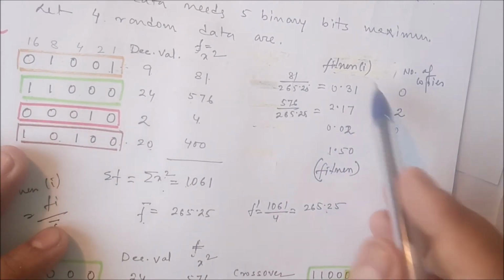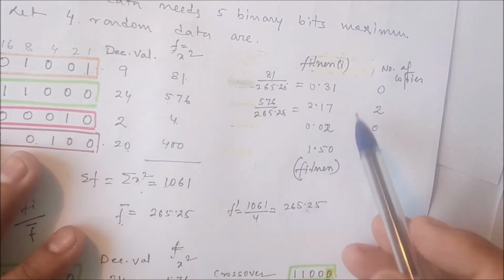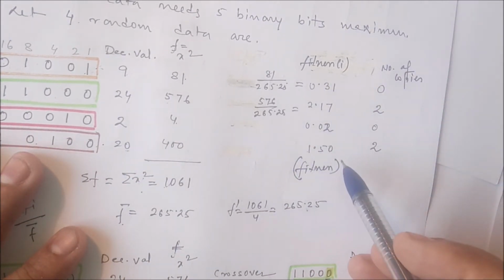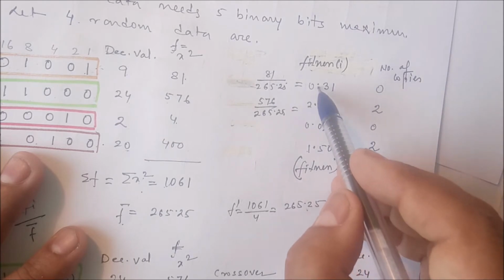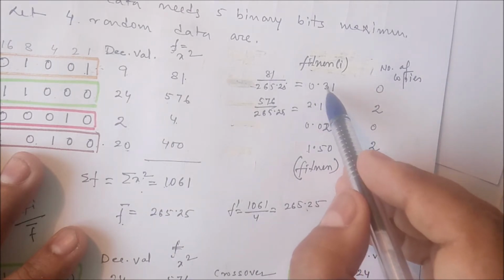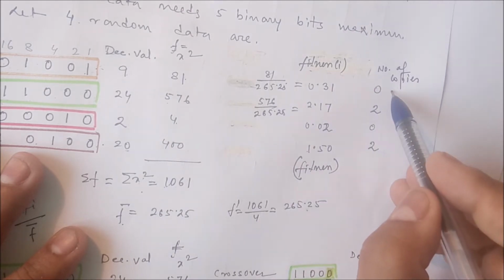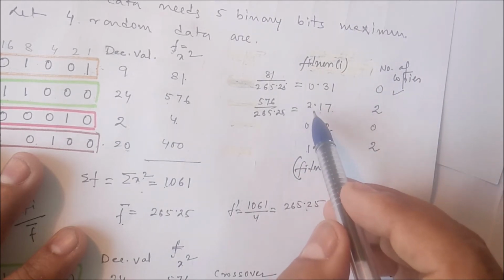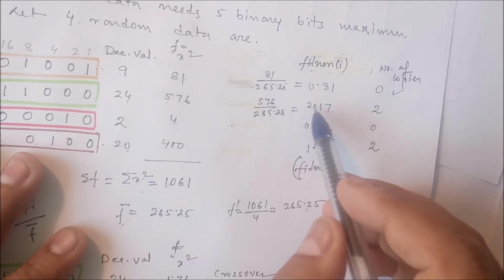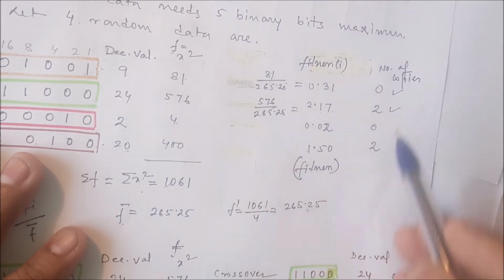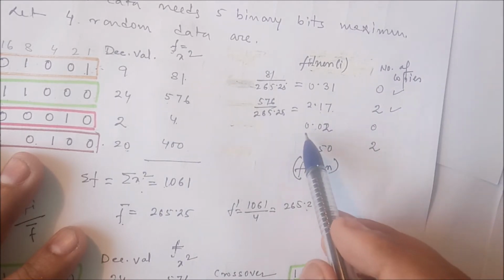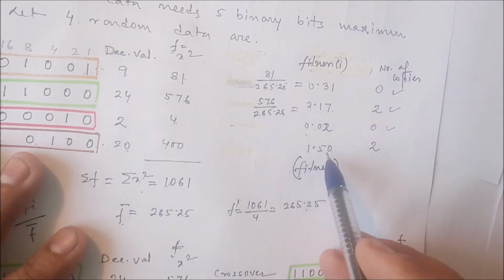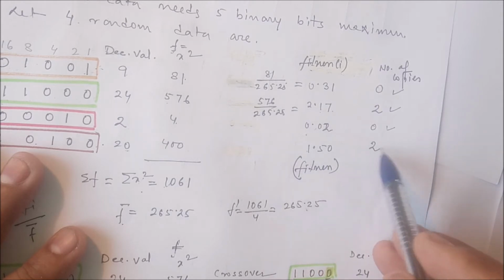Okay, now in this case we can identify the nearest integer value. 0.31 is less than 0.5, so we just take 0 as the nearest integer. 2.17 is less than 2.5, so the nearest integer is 2. 0.02 is less than 0.5, keep 0. 1.5 is greater than or equal to 1.5, so it is 2.